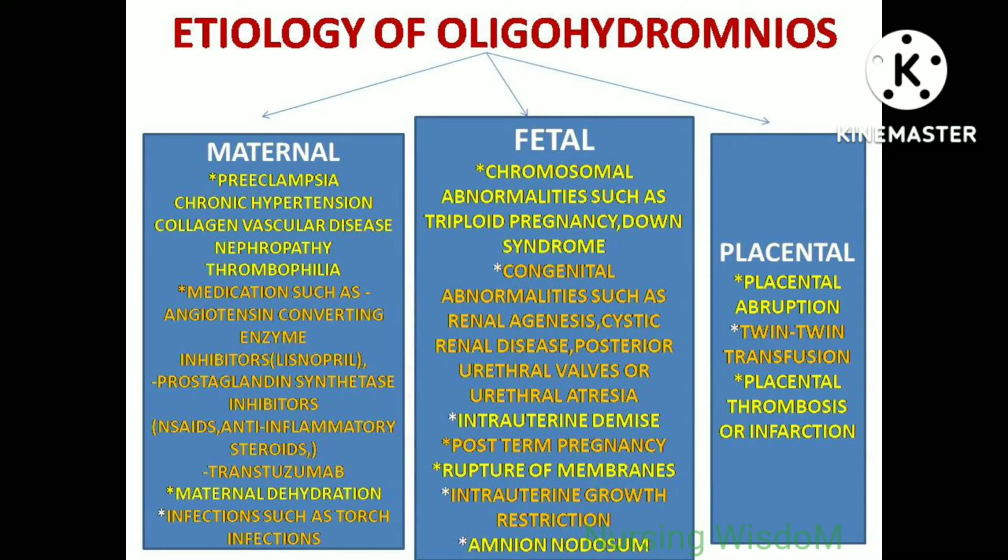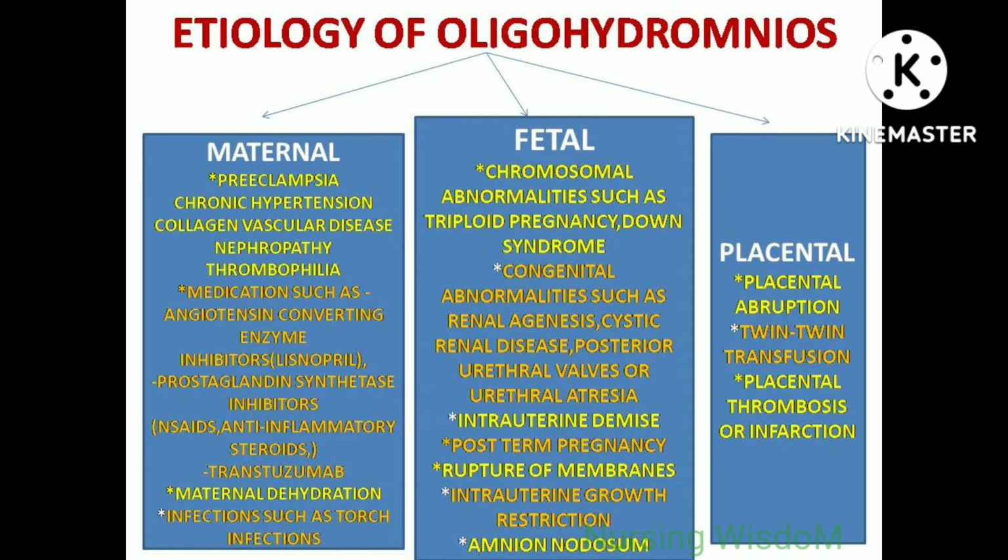Etiology of oligohydramnios. The exact cause is not known, but some maternal, fetal, and placental factors may lead to oligohydramnios. Maternal factors include maternal conditions such as preeclampsia, chronic hypertension, collagen vascular disease, nephropathy, thrombophilia.